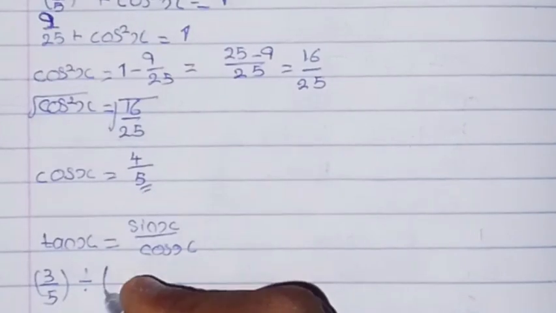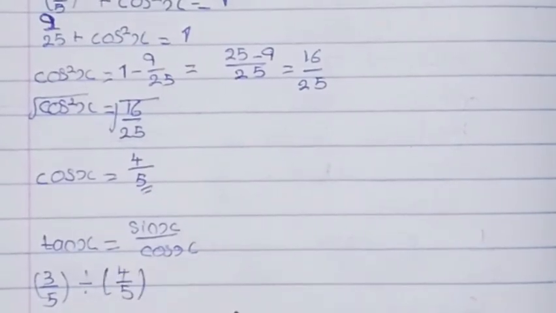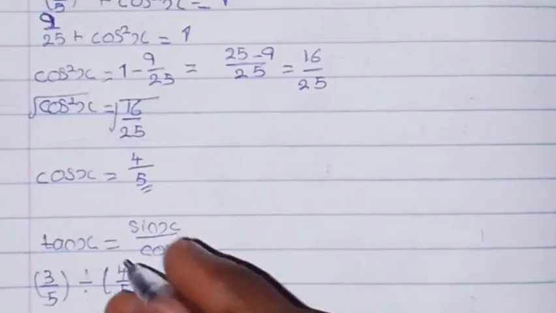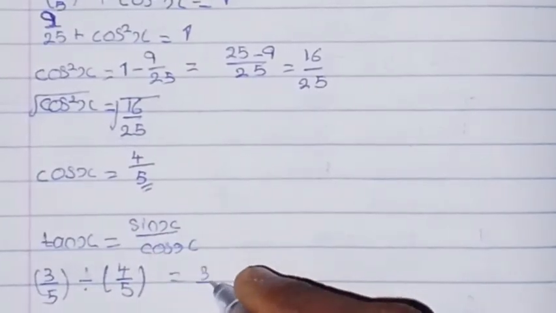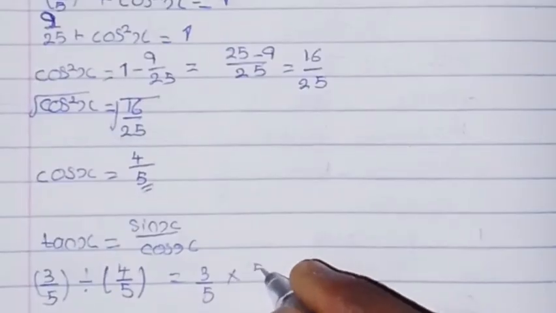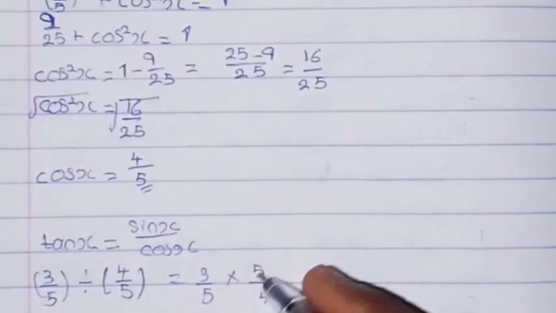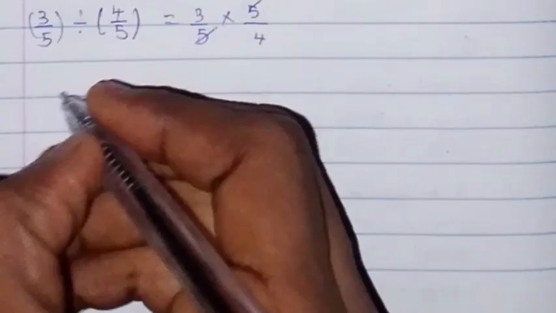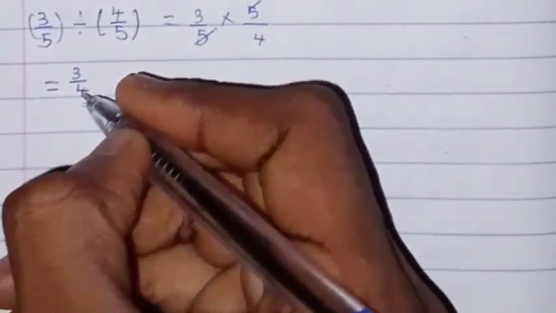So this is 3 over 5 divided by 4 over 5. We're going to flip this fraction because of division. So this is equals to 3 over 5 times 5 over 4. We're going to cancel out 5. So this is now equal to 3 over 4 as our value of tan x.